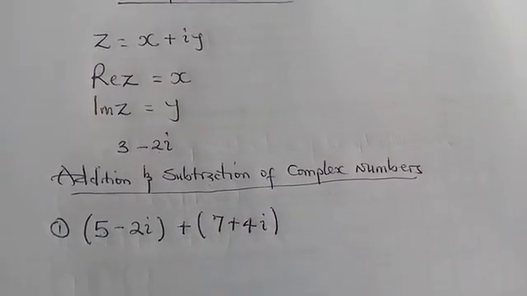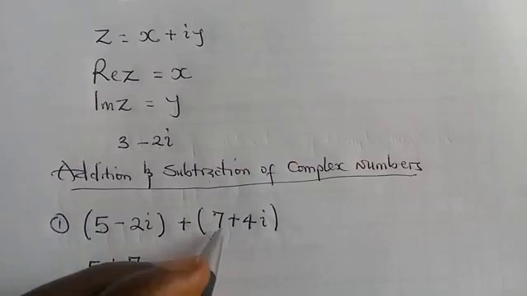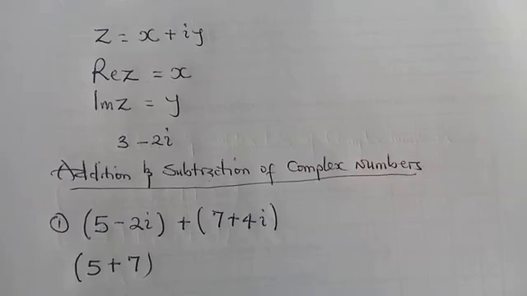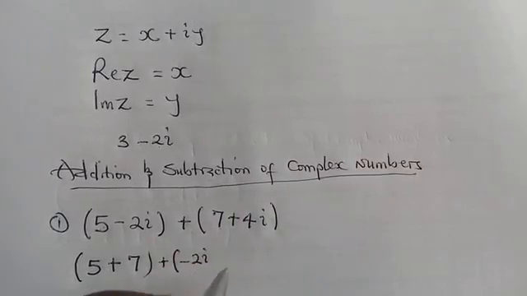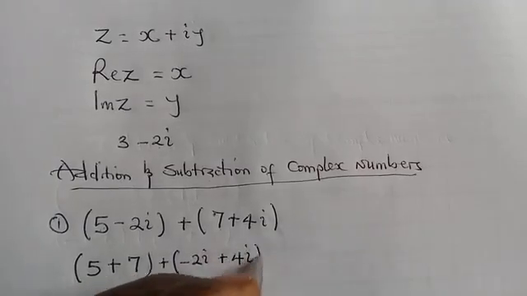So the first thing is, we take the real parts, 5 plus 7, that's the real part. Then for the imaginary part, we are going to have minus 2i plus 4i.